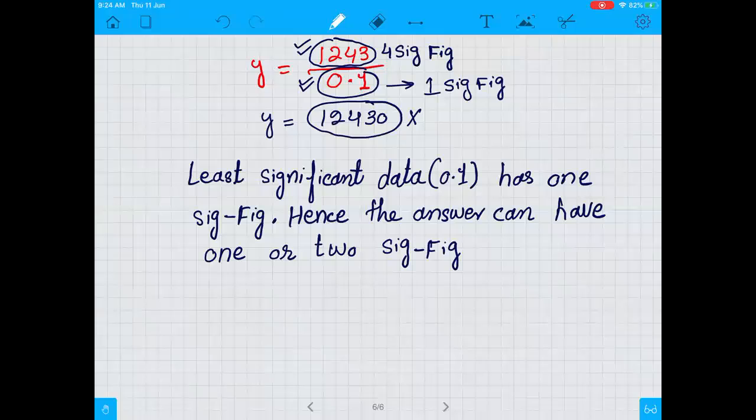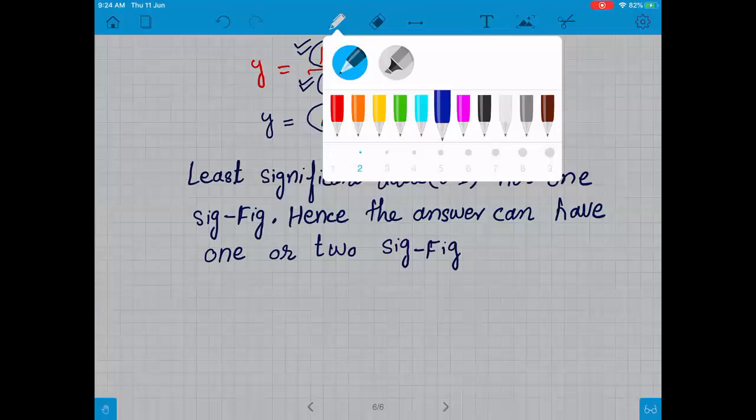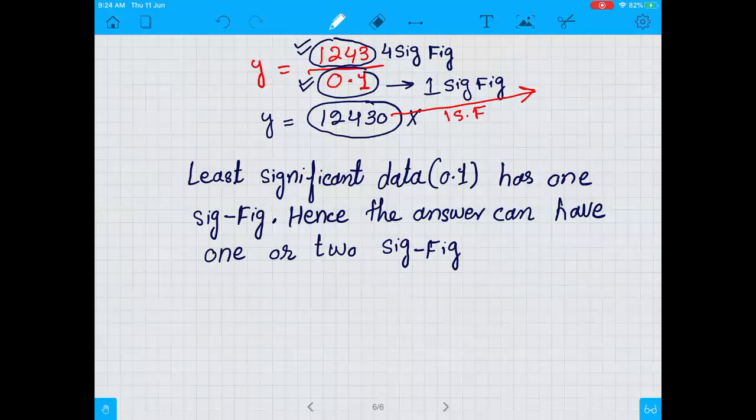So your answer, if you want to write it correctly, you have two possibilities. If you write it up to one significant figure, it would become 10000. And if you write it up to two significant figures, it would be 12000, you see, it would be 1, 2, and all the zeros.